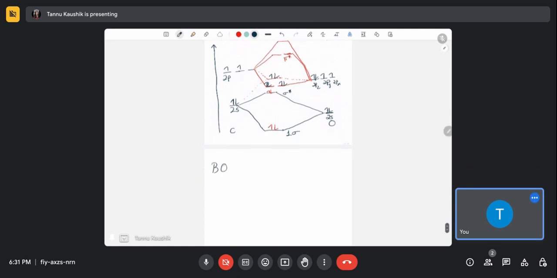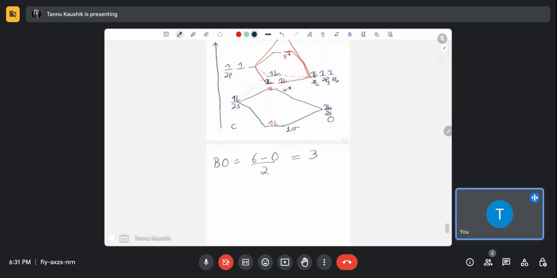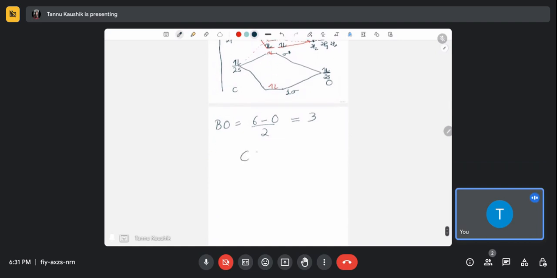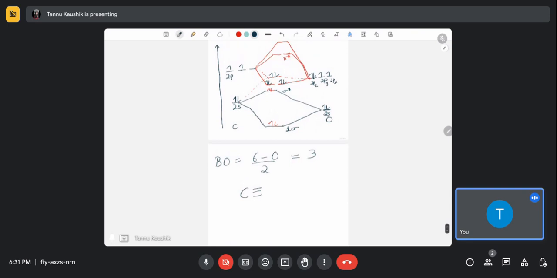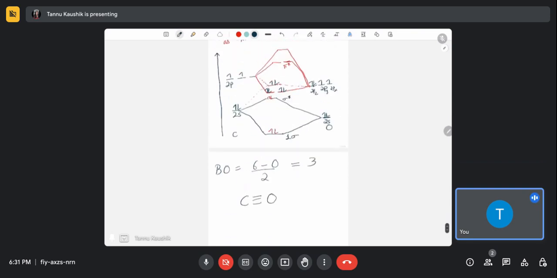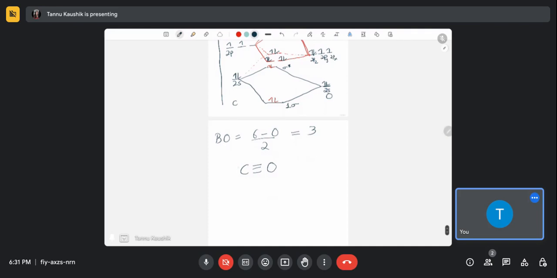So here the bond order will be 6 minus 0 by 2, equal to 3. So we will have 3 bonds between carbon and oxygen, and it will exist as CO. So we have 1 sigma and 2 pi bonds here in the CO molecule.